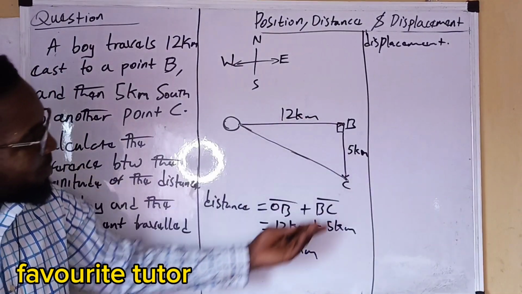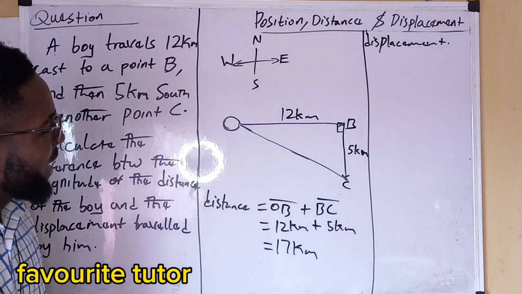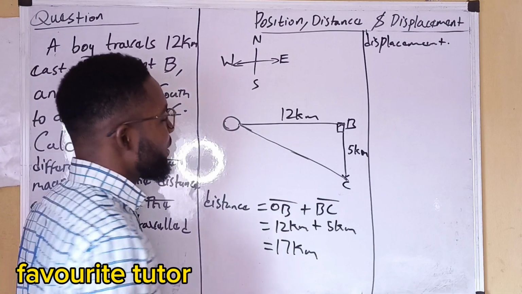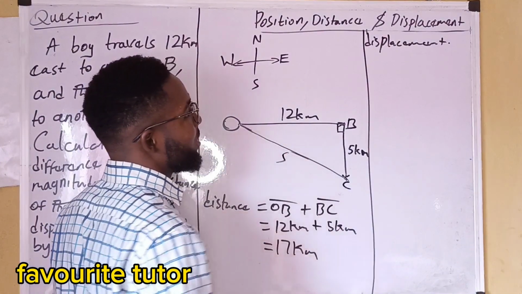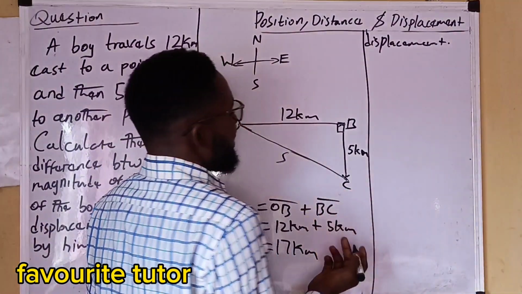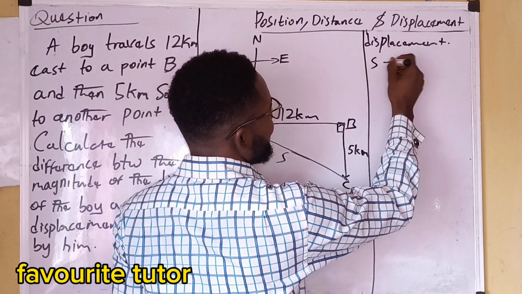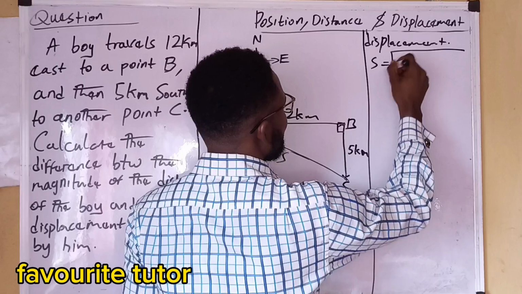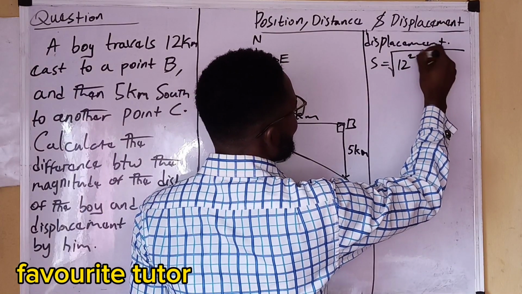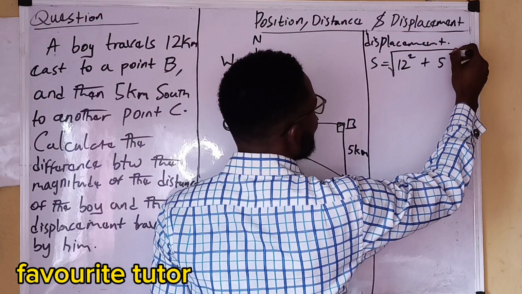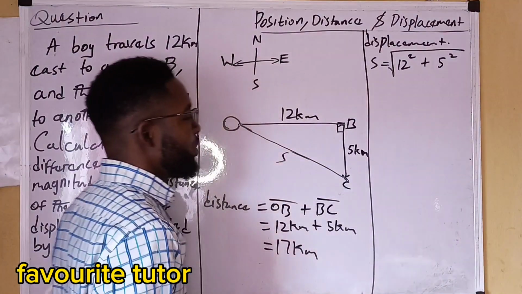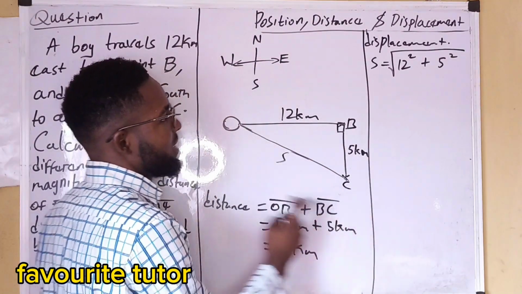So if you look at this very well, this is more like a right angle triangle, and we are looking for the displacement of the boy. So the displacement using Pythagoras theorem is going to be 12 raised to the power of 2 plus 5 raised to the power of 2. That is, you are looking for the longest line right here.